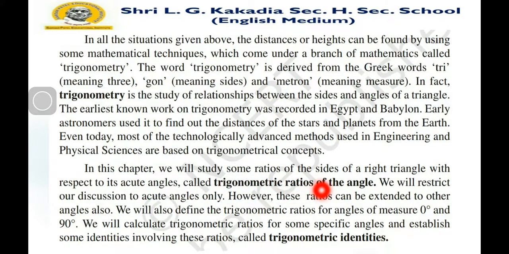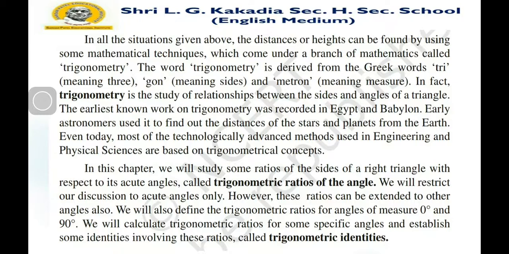However, these ratios can be extended to other angles also. We will also define the trigonometric ratios for angles measuring 0 degrees and 90 degrees. We will calculate trigonometric ratios for some specific angles and establish some identities involving these ratios, called trigonometric identities.